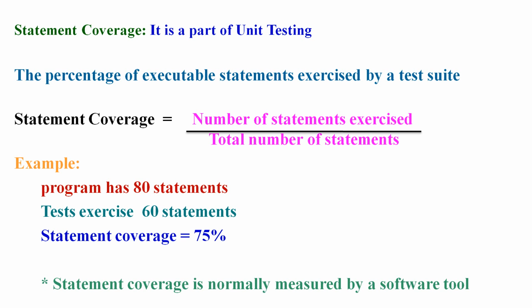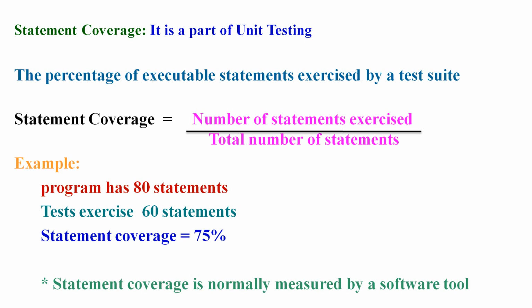In this case, what is the statement coverage? According to the formula, how many statements got executed? 60. How many total statements are there in the program? 80. That is 60 by 80, which is nothing but 75% in the form of percentage. The statement coverage here is 75%.